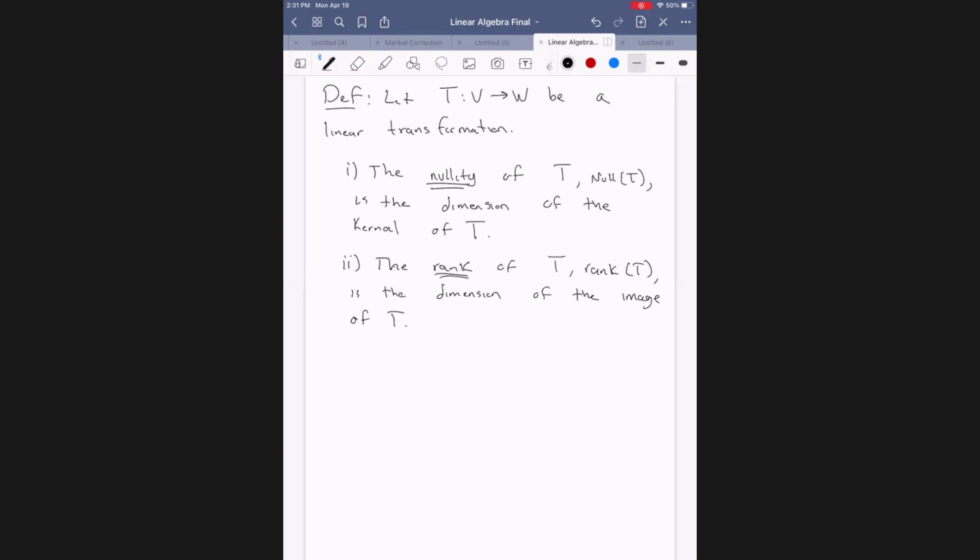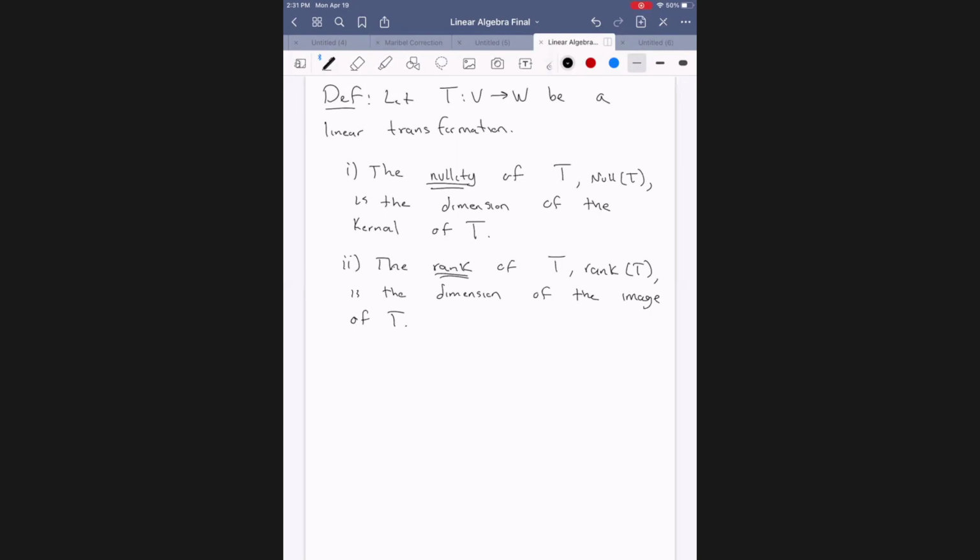Remember, if T was the typical Ax, the nullity is the dimension of the null space, and the rank is the dimension of the column space.